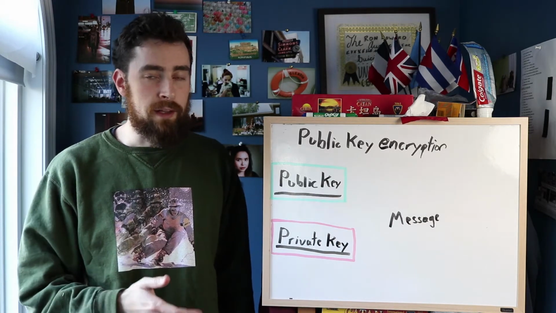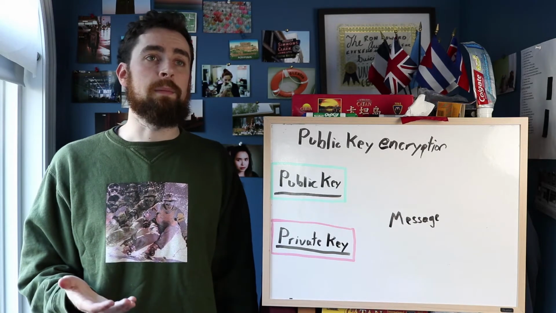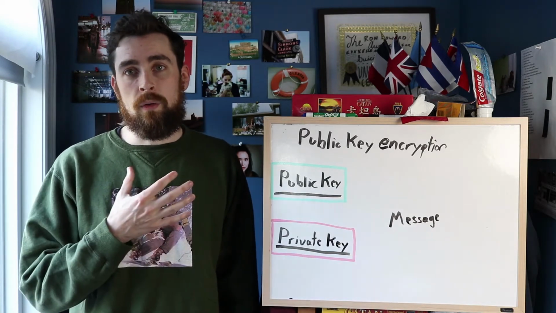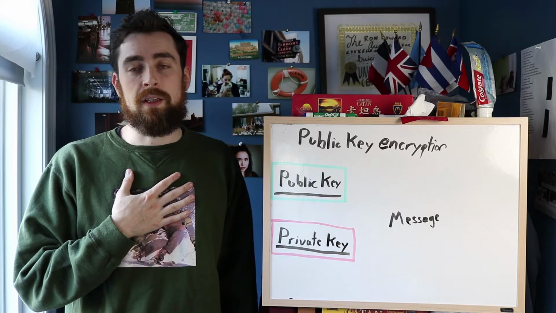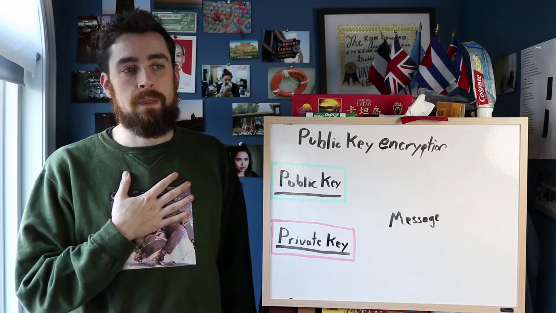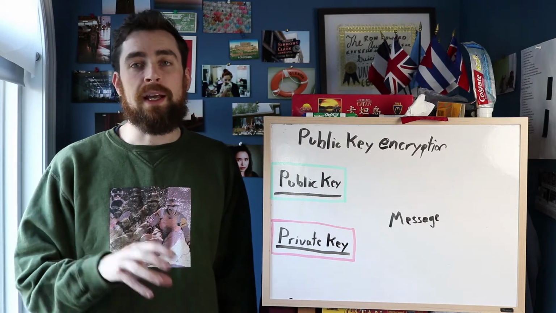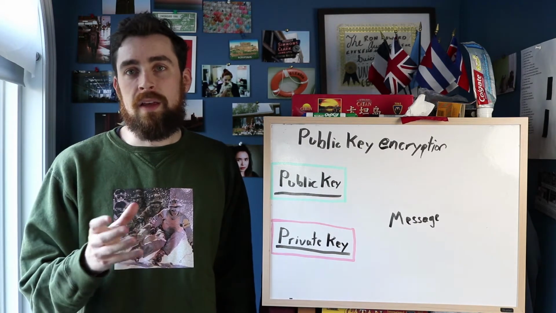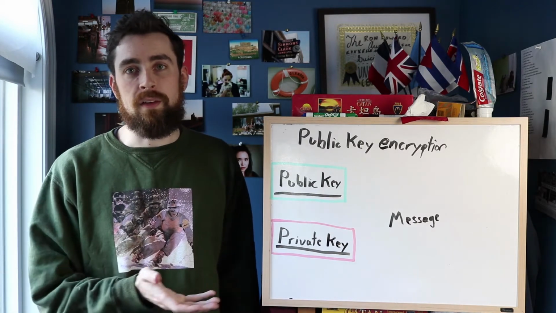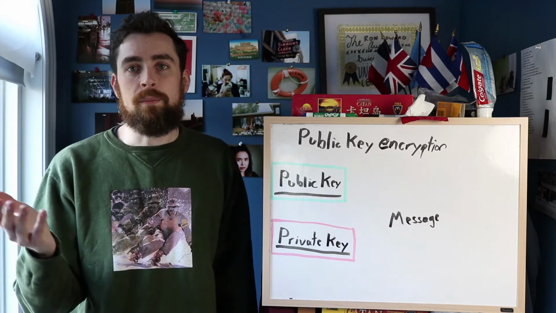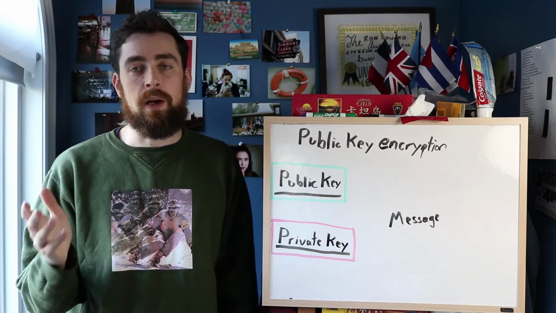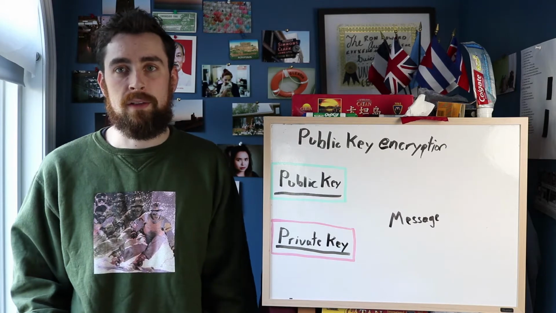The private key, as the name suggests, is private. It's secret. Only the owner of the private key should ever be able to use it and see it. Just as an aside, what I mean by key is it's basically just a string of numbers and letters that are special because they have special properties, which I will get into right now.